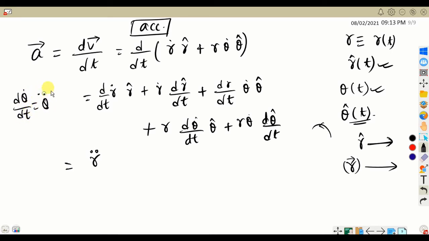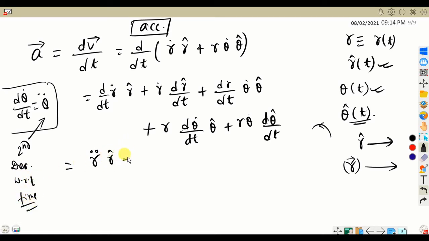So you follow the second order derivative with respect to time: r dot r hat plus r dot r hat dot, plus dr over dt, which is again r dot theta hat, plus r theta double dot theta hat plus r theta dot theta hat dot.